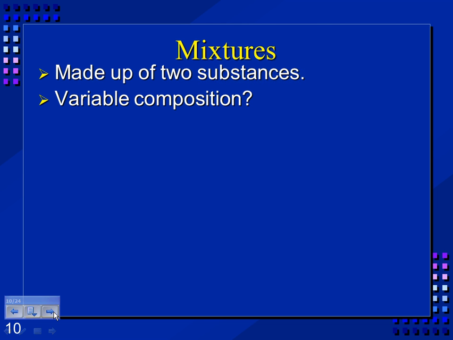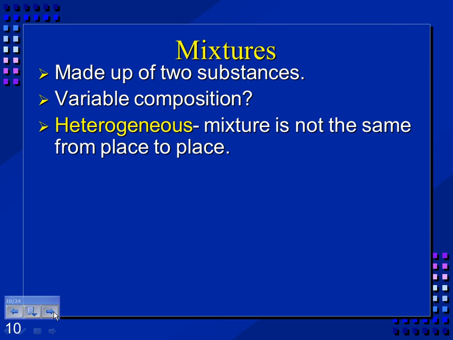Two basic types are the heterogeneous mixture, which means that you can actually see a difference. So hetero means different, and genius means makeup. So it has a different makeup.